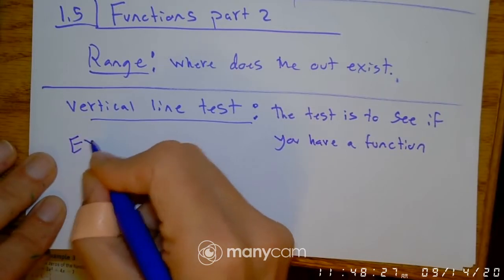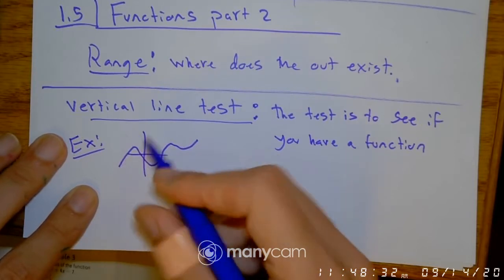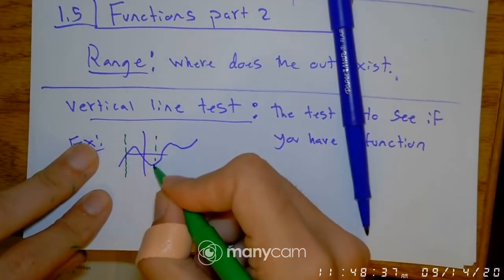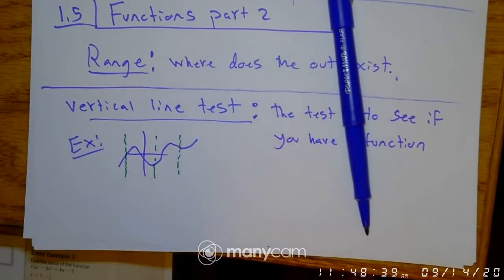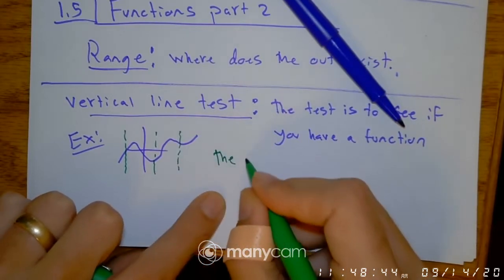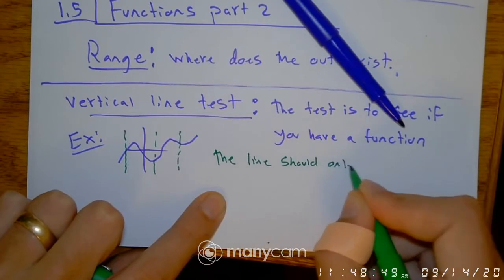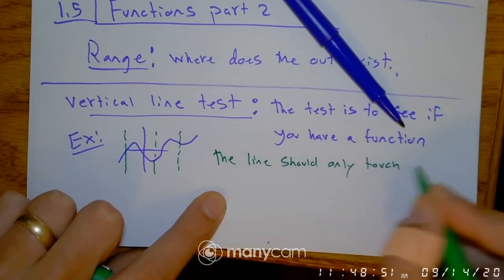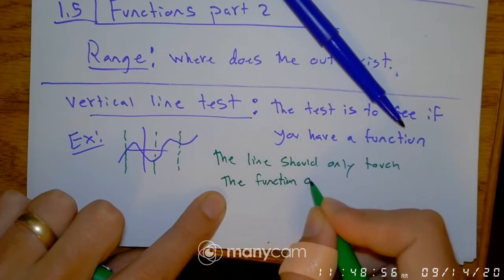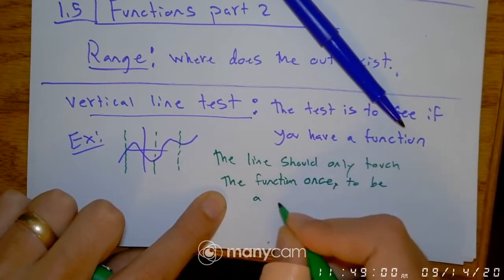Okay, so example of this, if I make a vertical line anywhere on this graph, the line should only touch the function once to be a function.